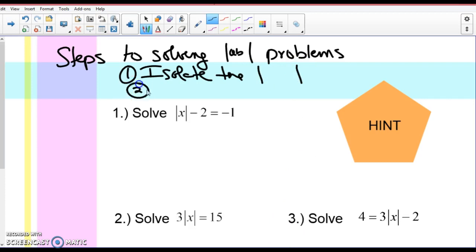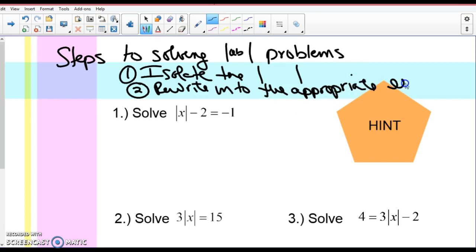Step 2, rewrite into the appropriate equation or inequality, and then solve.